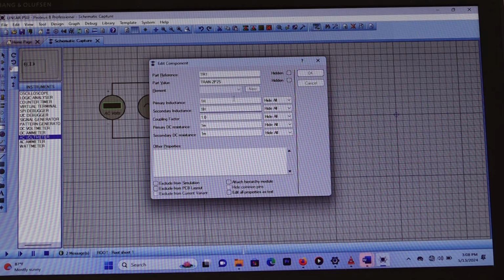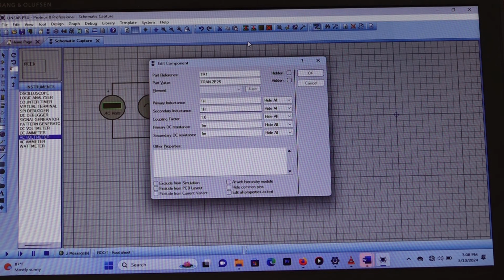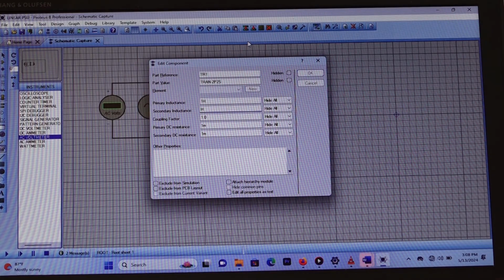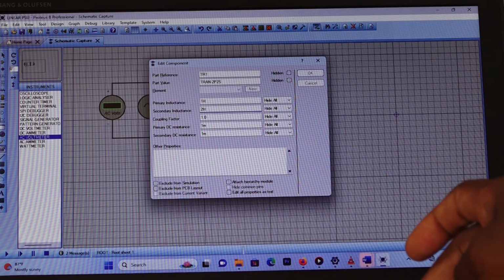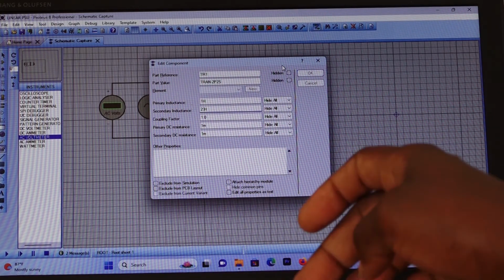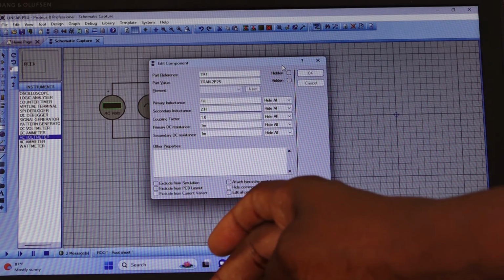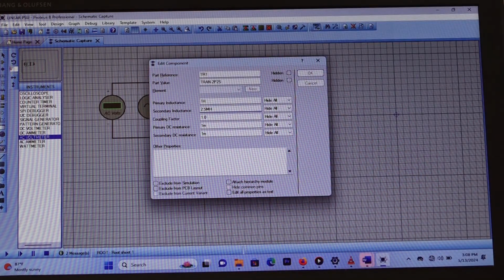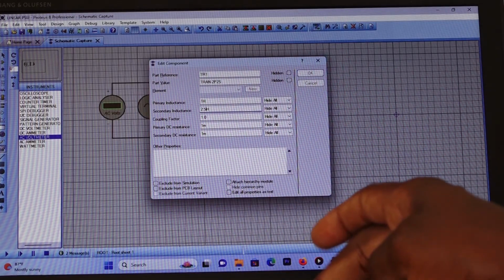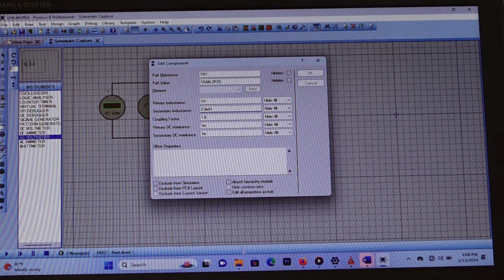Okay? So for this case, in the secondary coil, we are going to have 2.5 millihenry, that is 2.5 with a lowercase m for milli.